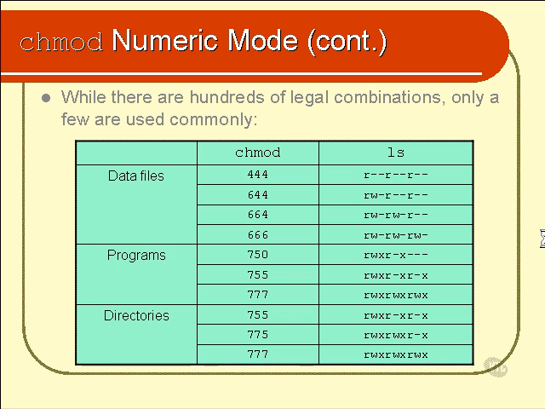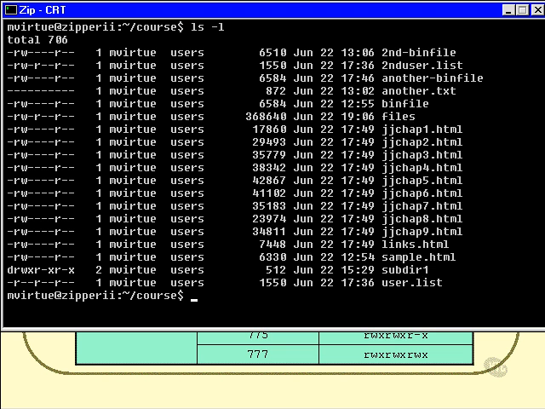So let's have a look at some examples of that, some live examples. Here are those files in my directory again. Now, that another.txt, I might want to make that readable and writable by me, readable by my group, and nothing by all other people.